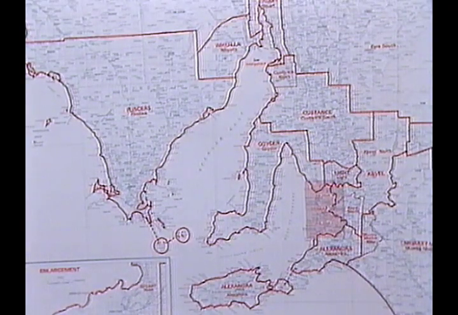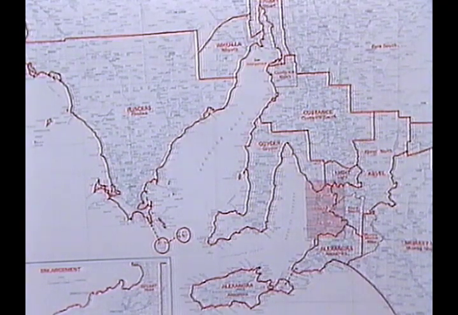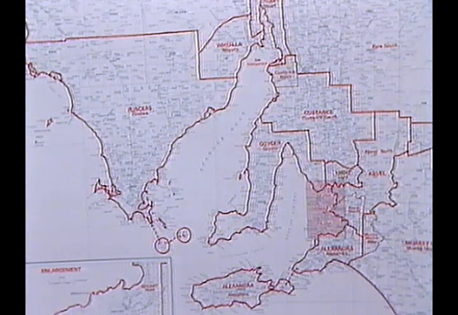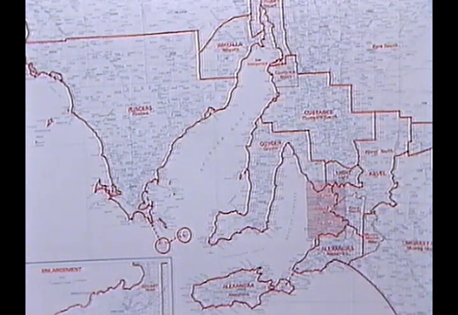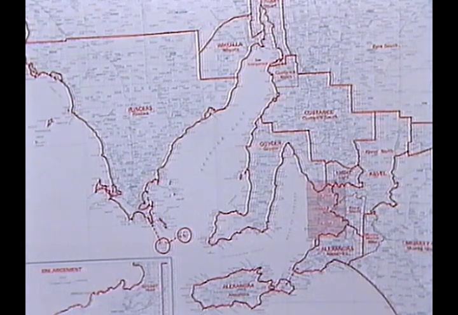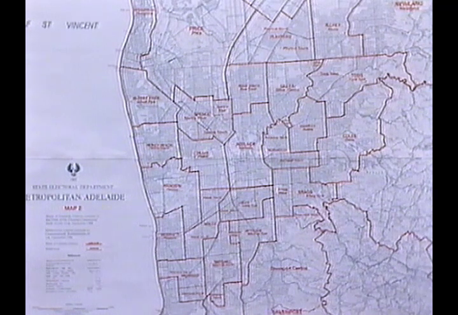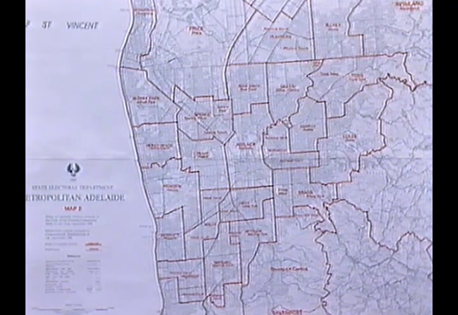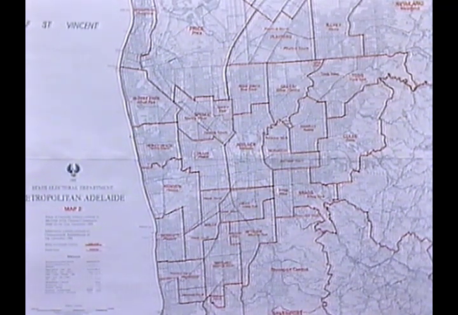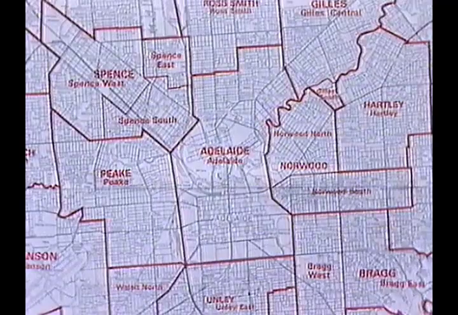The House of Assembly consists of 47 members, who each represent an electoral district. The state is therefore divided into 47 electoral districts, each containing approximately equal numbers of electors. The boundaries of these districts are reviewed at regular intervals.